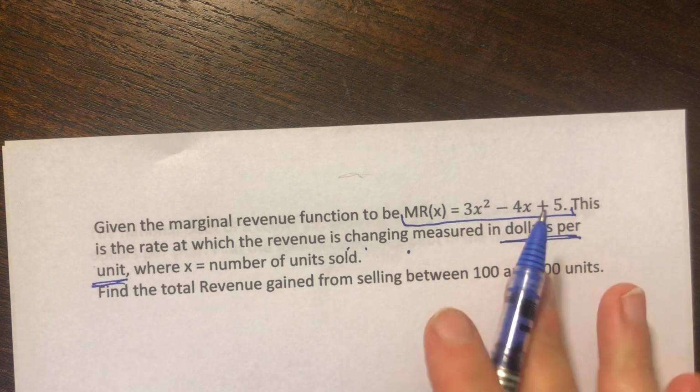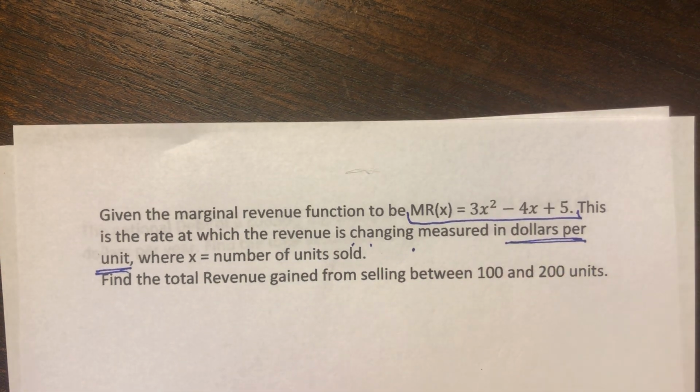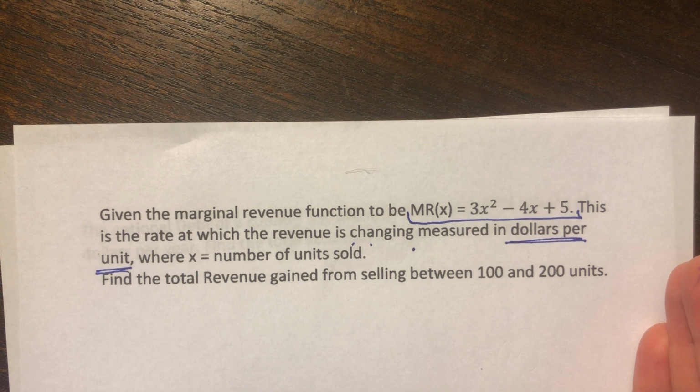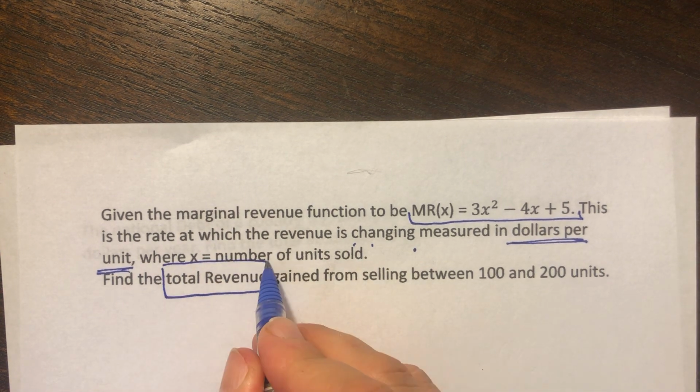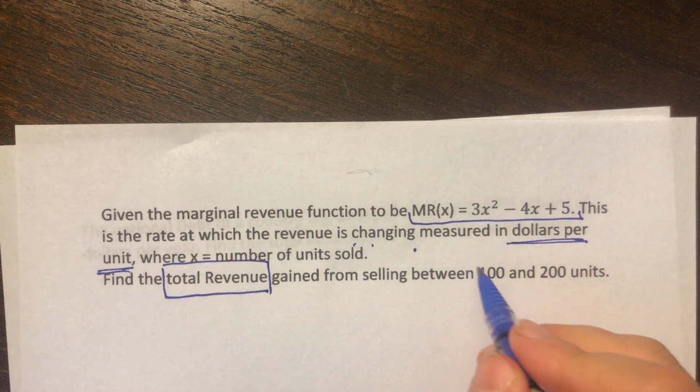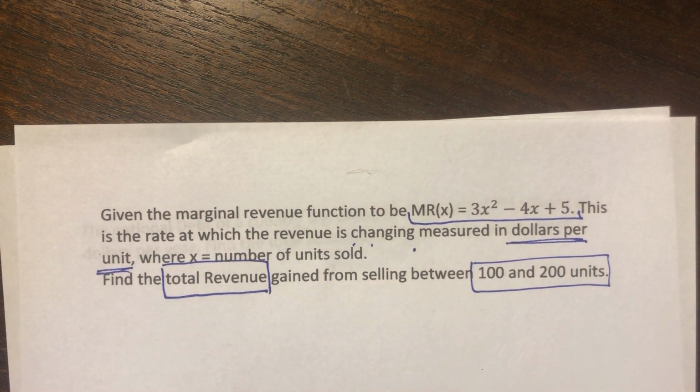So how does the revenue change with respect to how many units you are selling? Yes. What we want to do is find the total revenue gained from selling between 100 and 200 units.